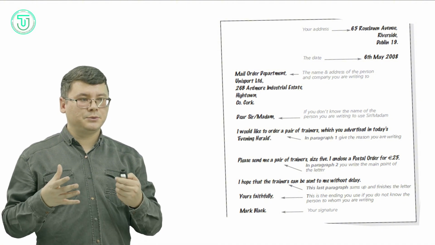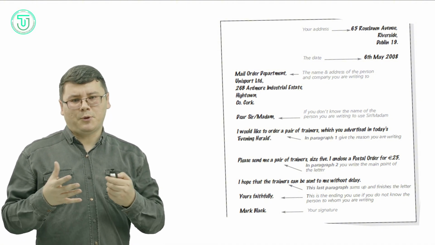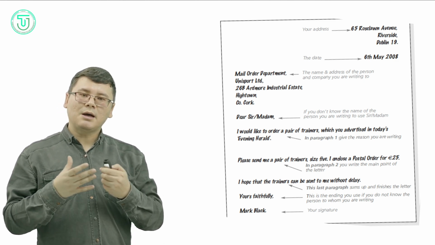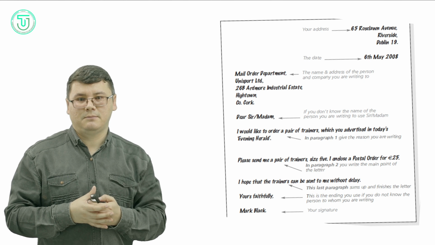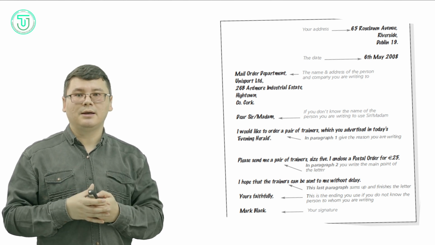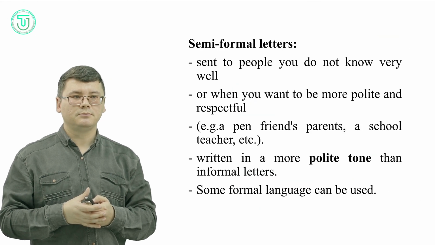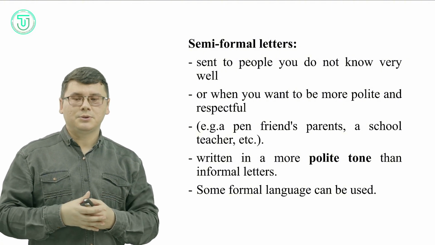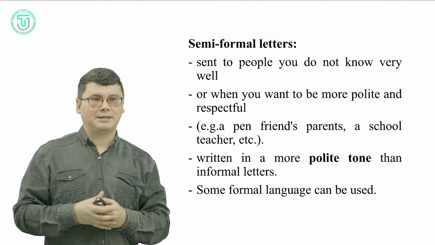In paragraph 2, you will write the main point of the letter. And in the last paragraph, you sum up and finish your letter. But do not forget to write the closing and signature.